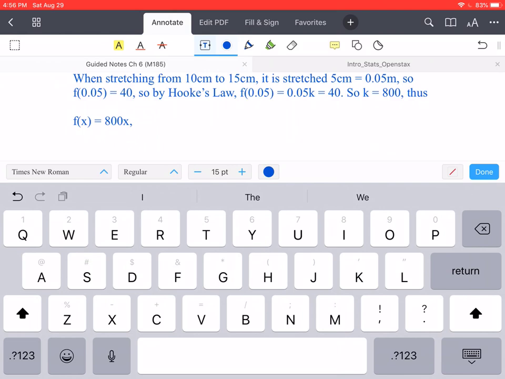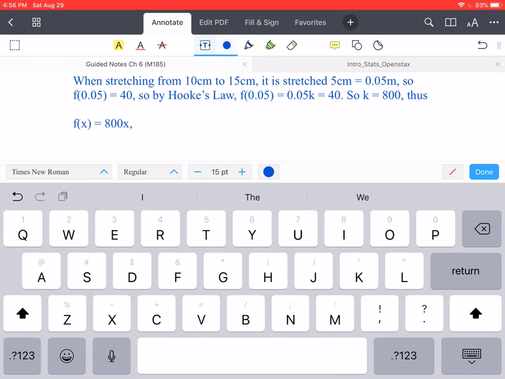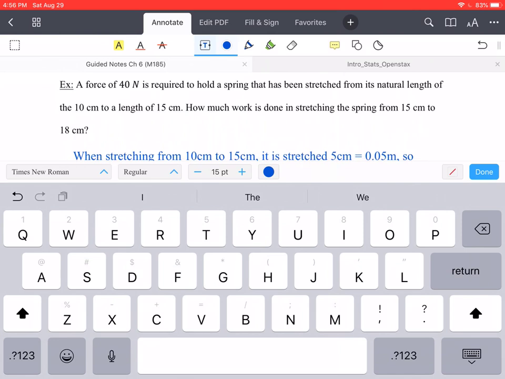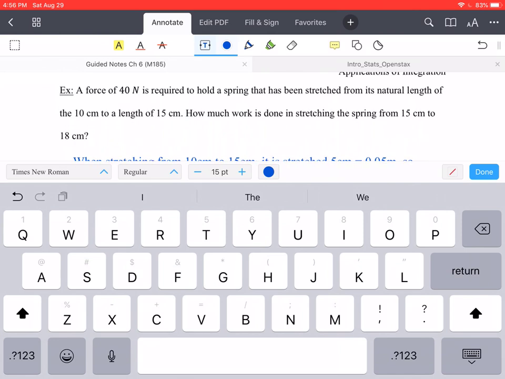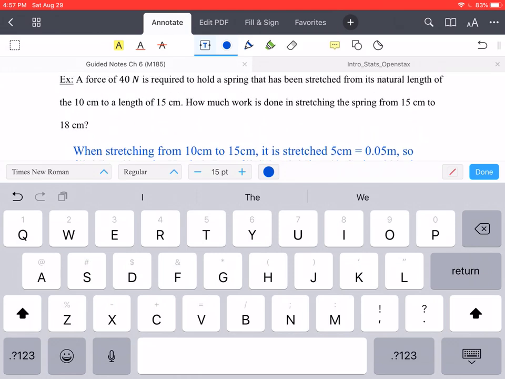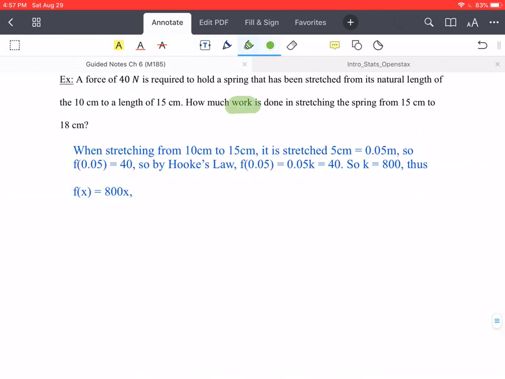But look back at what the question is asking. A force of 40 newtons is required to stretch it from 10 to 15 centimeters, but it's asking how much work is done in stretching it from 15 to 18. Now we're asking for, keyword here, work, not force.